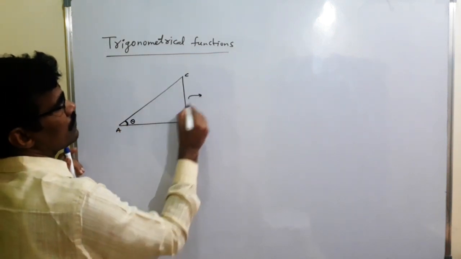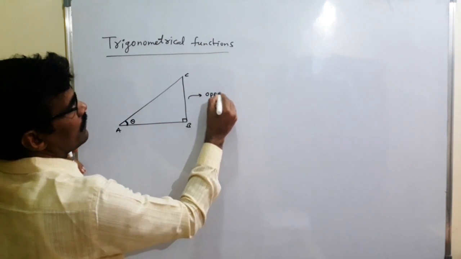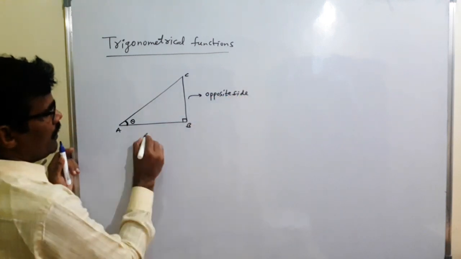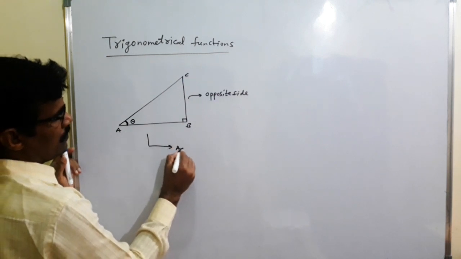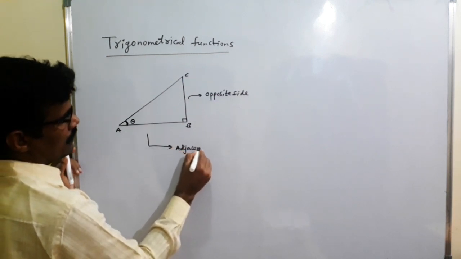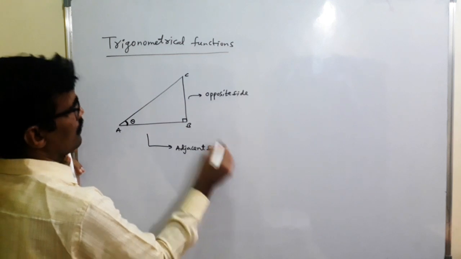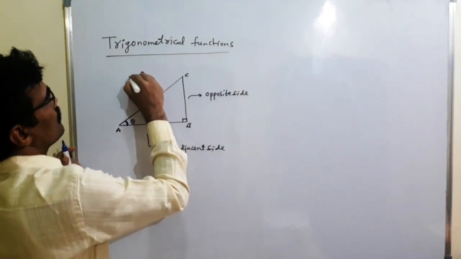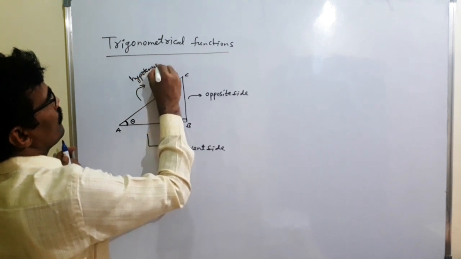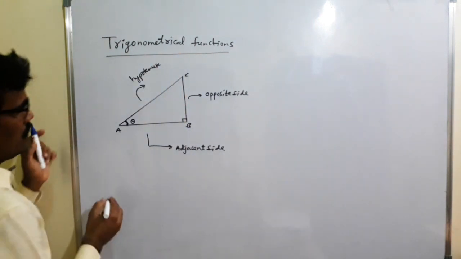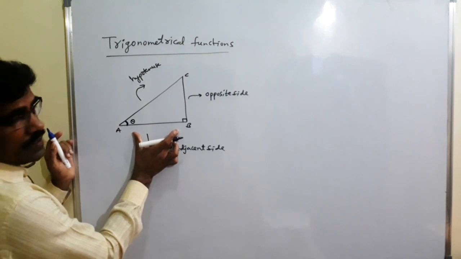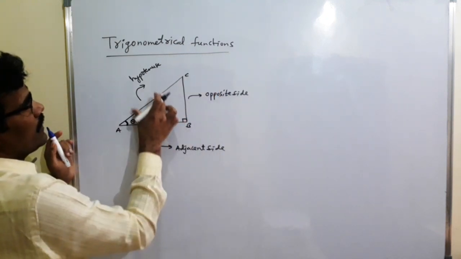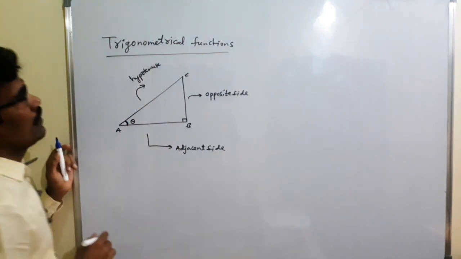What about this? Opposite side. AB is adjacent side. AC is hypotenuse. Students, AB adjacent side, BC opposite side, AC hypotenuse.